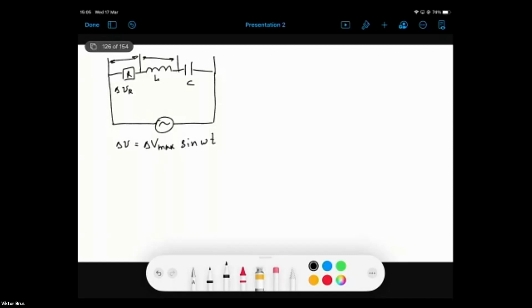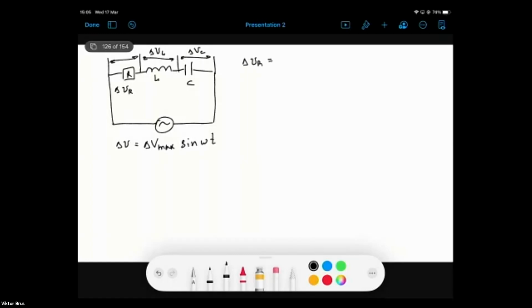So here we have voltage drop delta VL and delta VC. Okay, so from previous lecture, we know that this voltage drops over different components of electric circuit will be expressed by the following equations.